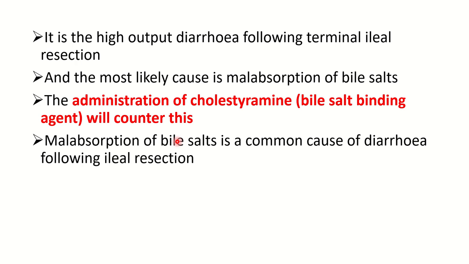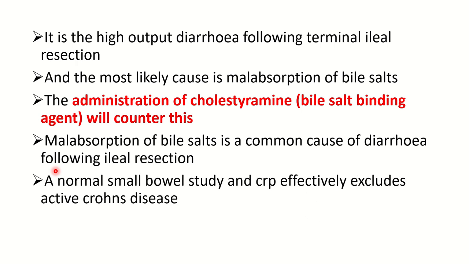Malabsorption of the bile salt is a common cause of diarrhea following ileal resection. So malabsorption mostly occurs due to terminal ileum resection. With this ileum resection, the enterohepatic circulation is lost, and the bile cannot exit the gastrointestinal tract, and it causes diarrhea.